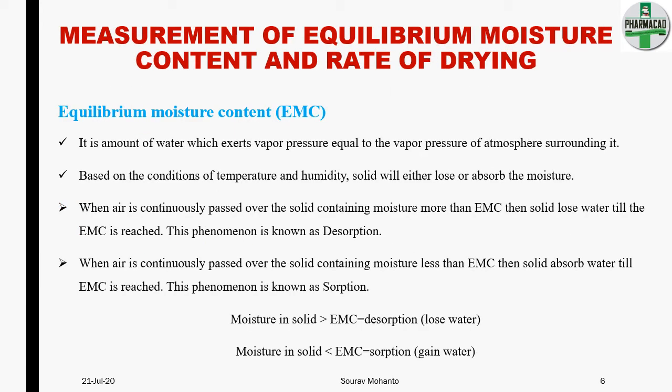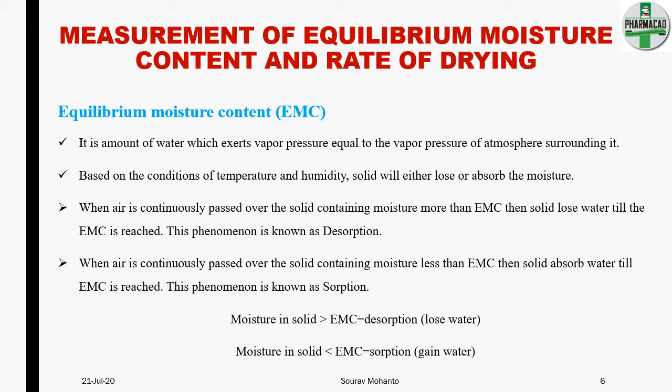Next, what do we mean by equilibrium moisture content, how can we measure it, and what is the relationship between the equilibrium moisture content and the rate of drying? These are the things we will be discussing in this segment. First is the equilibrium moisture content.